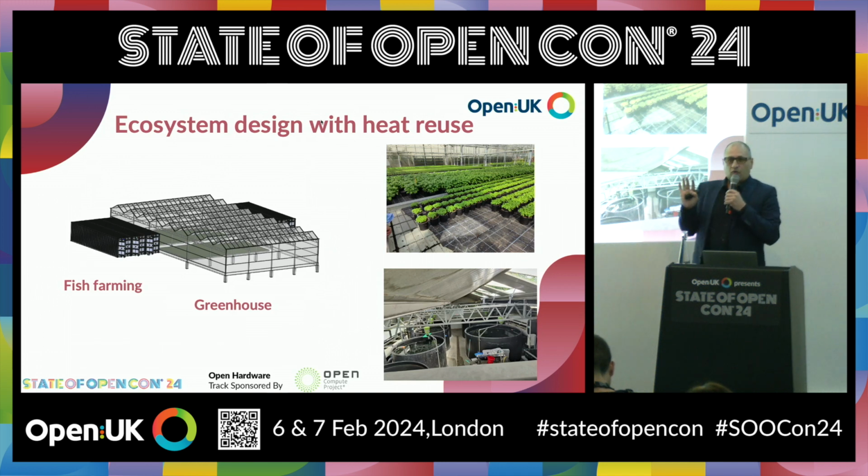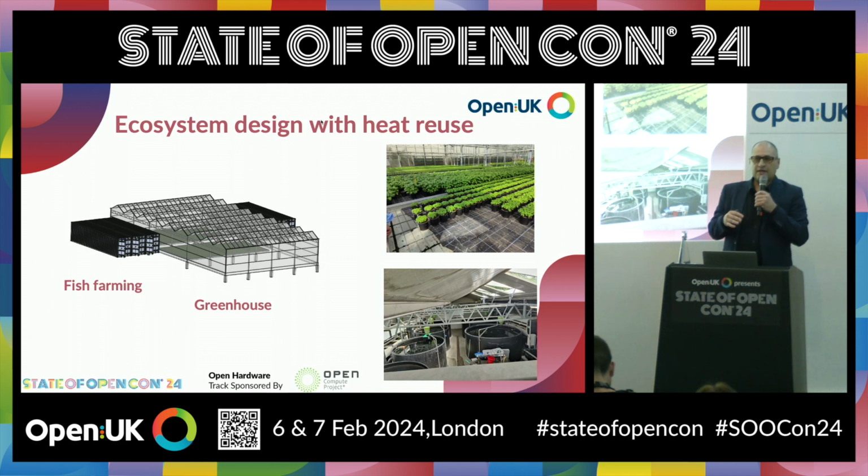Also, we provide open source fish farming and greenhouses, which can be implemented close to the data center, and you will have this ecosystem. There are also many other examples, and one which is work in progress is water desalination.